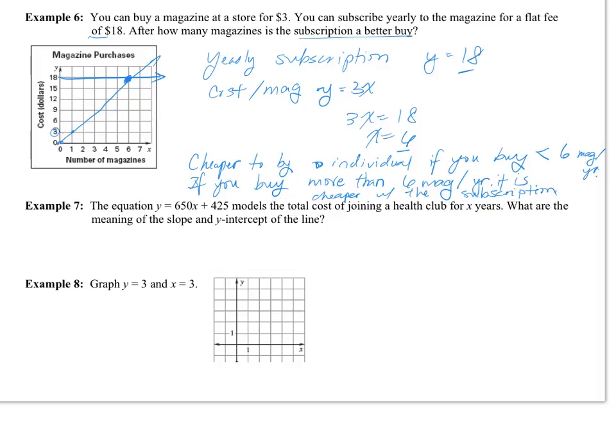So if it's less than 6 magazines, if you buy individually, it's cheaper. If it's greater than 6 magazines, then the subscription is cheaper.